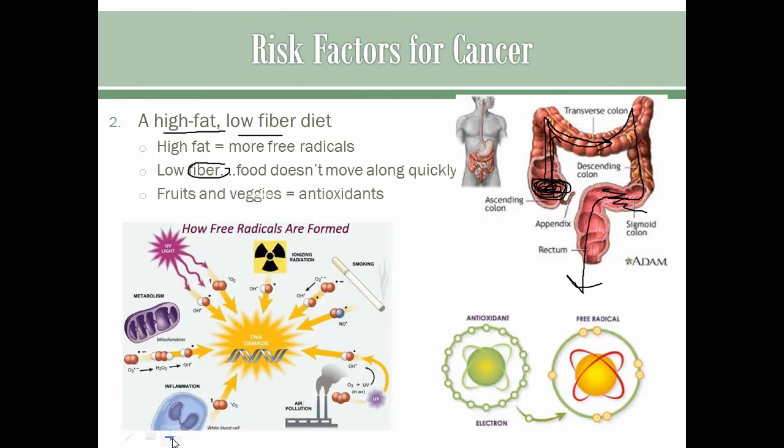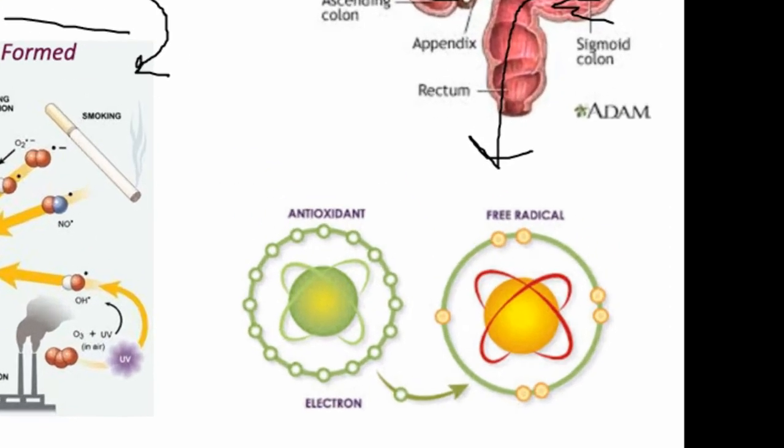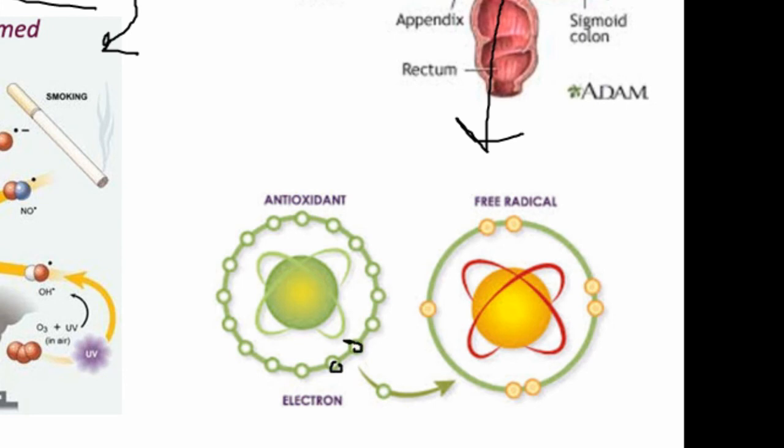Now, fruits and veggies, the reason why it's always good to move to more fruits and vegetables. Fruits and vegetables not only have more fiber in them, they also typically are low fat. And third, they contain something called antioxidants. I'm sure you've heard of antioxidants before, but antioxidants relate to free radicals. What antioxidants do is provide electrons that the free radicals can grab.